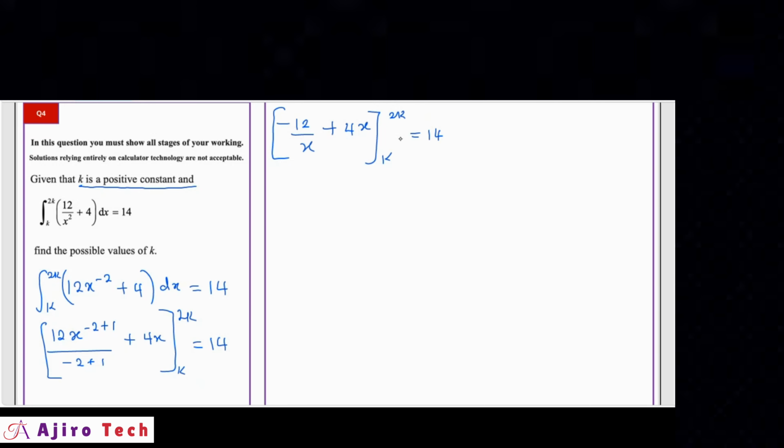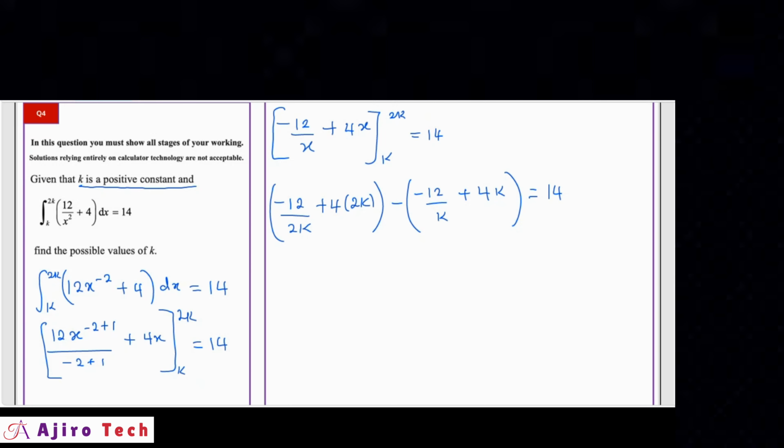So we are going to plug in this lower and the upper limit. We start with the upper limit. So minus 12 over 2k plus 4 into 2k, minus, then we plug in the lower limit, minus 12 over k, we substitute the value of x with k, plus 4 into k, equals 14.